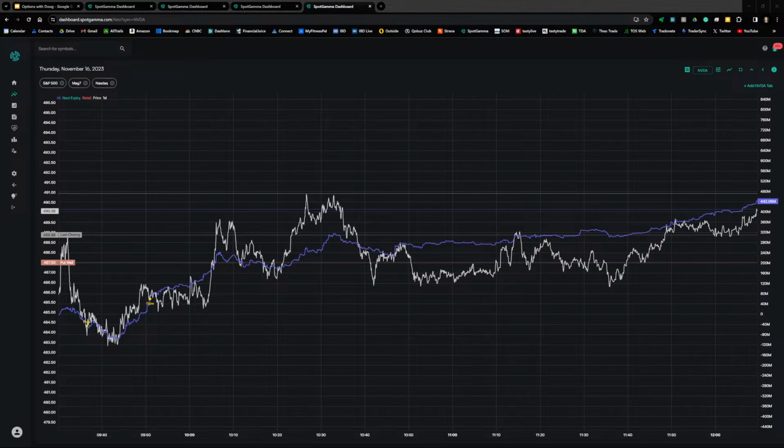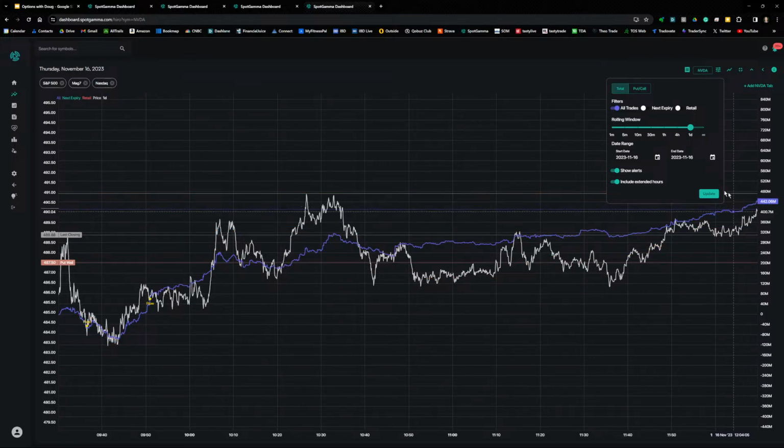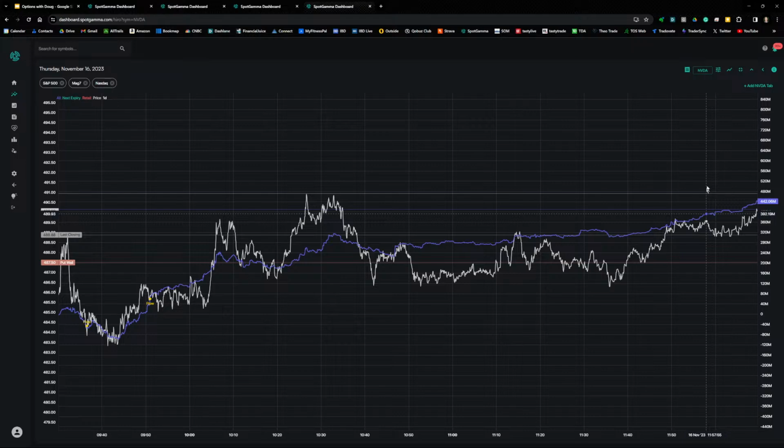Let's go take a look at Bookmap. Well, let's see what traders are doing. So in the case of Nvidia, they were selling puts and buying calls, shown by the rising blue line and the rising orange line. Let's go take a look at Bookmap.